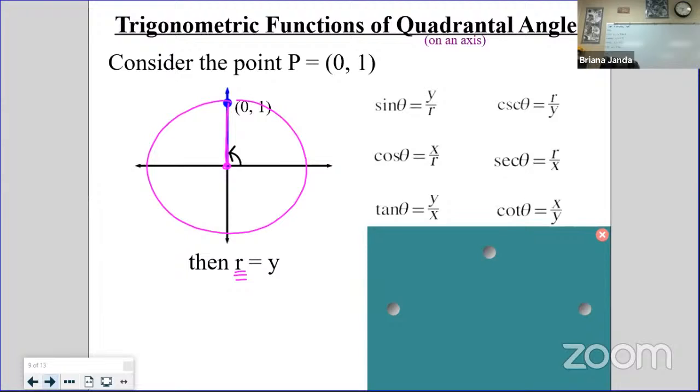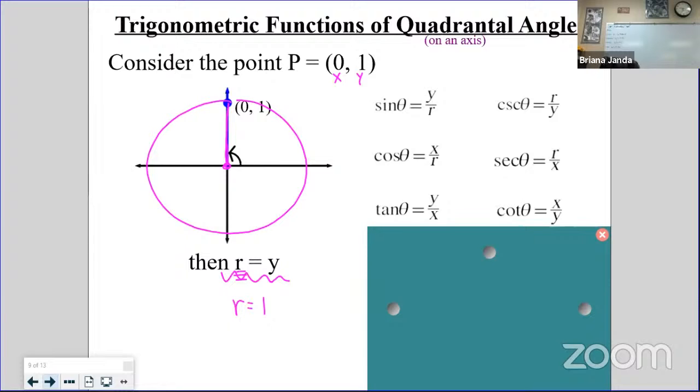And so what we have to look at then is the fact that this is our x, comma, y, and that r will equal one of those 2 values, whichever one's not 0. Okay. In this case, our radius would equal 1. Okay. And then I set up each of my ratios based off of that chart.